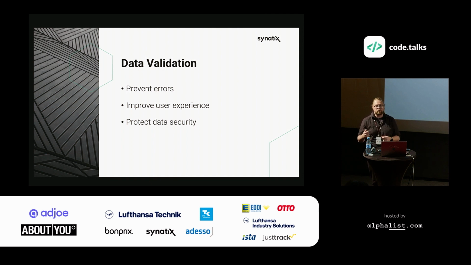But it will also improve user and developer experience, because you get immediate feedback of what went wrong and where did the data come from, what shape did it have, and what was missing. So that helps during development too. But it also helps with data security. By preventing malicious users from entering invalid data, you can stop attacks.